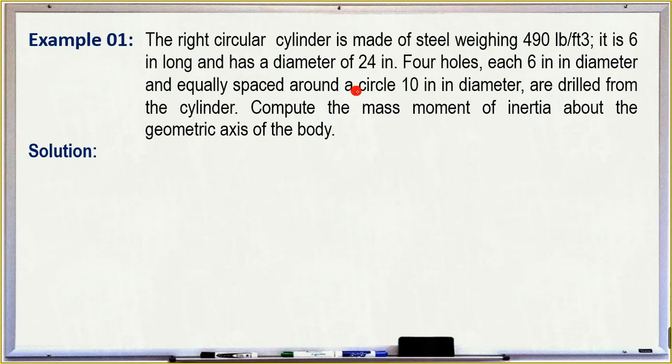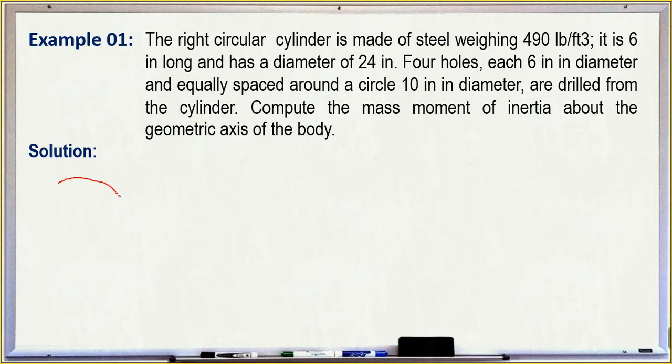So 4 holes, each 6 inches in diameter, are unequally spaced around a circle 10 inches in diameter, and are drilled from the cylinder. Compute the mass moment of inertia about the geometric axis of the body. Now we're going to illustrate this right circular cylinder.